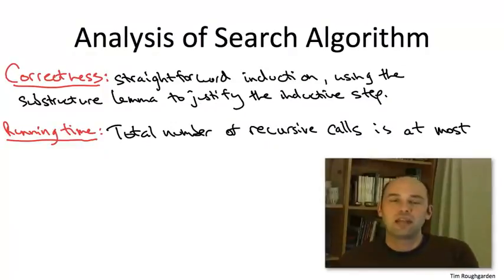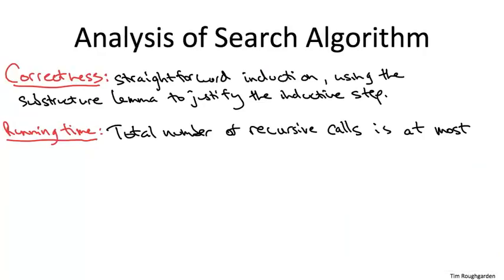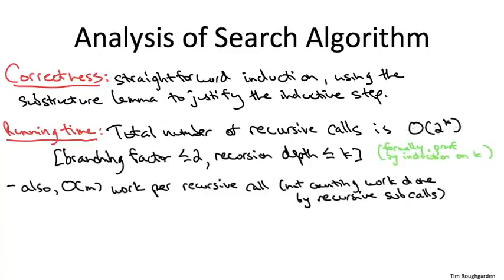Putting those two observations together, branching factor bounded by 2, recursion depth bounded by k, the number of recursive calls in total over the entire lifetime of this algorithm is going to be bounded by 2 to the k. Moreover, if you inspect the pseudocode, you see that not a whole lot of actions going on other than the recursive subcalls.